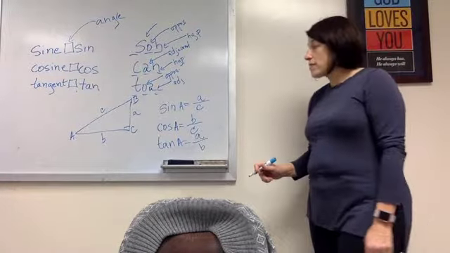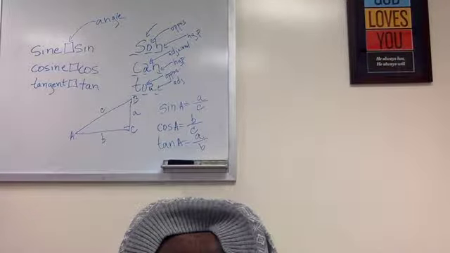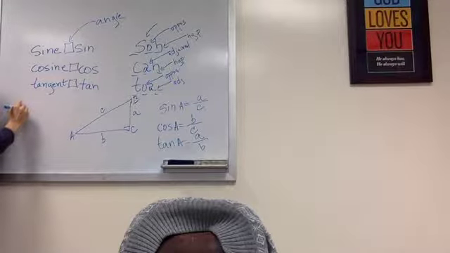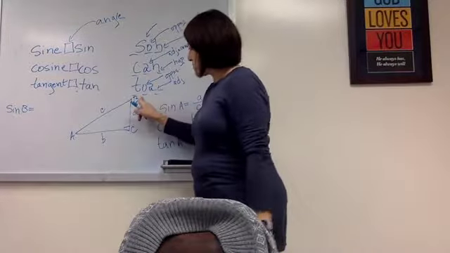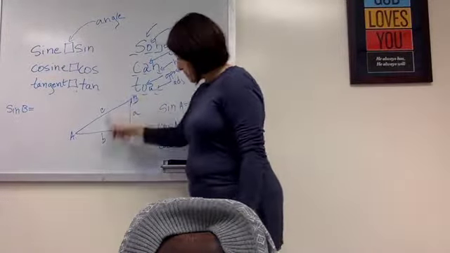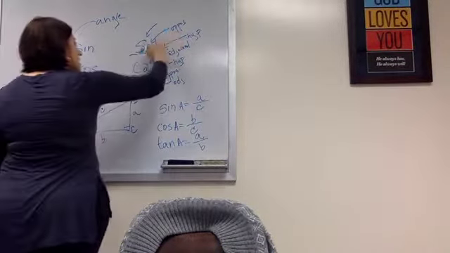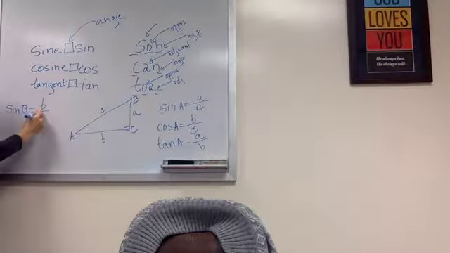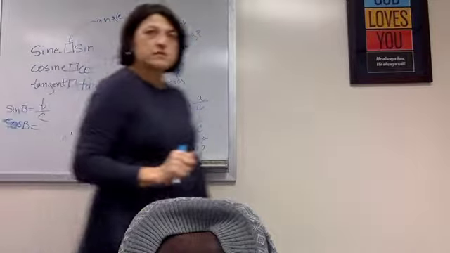Now the thing is, within this triangle, I can do sine, cosine, tangent of angle B as well. So what is the sine of angle B? Well, now I go to angle B, and what side is opposite angle B? B, which is over hypotenuse, so the sine of B is B over C. So, cosine of angle B is going to be what?